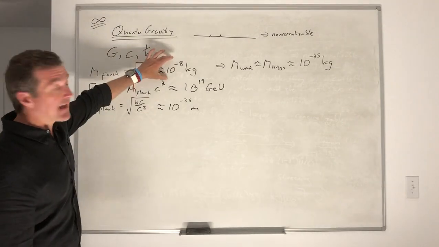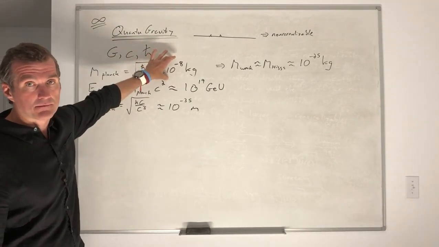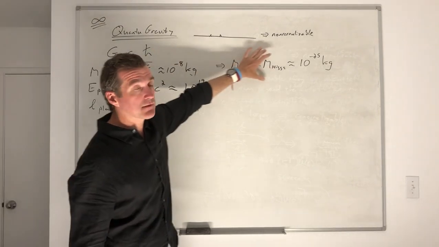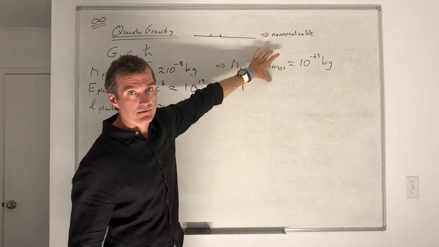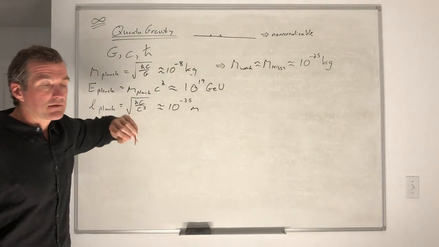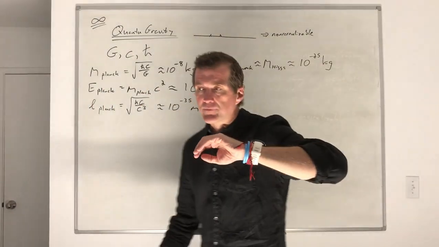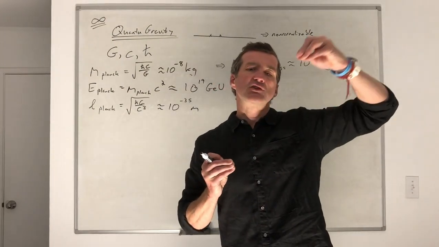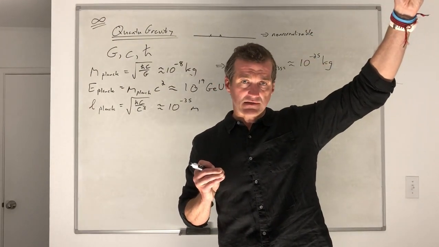So this is actually a very large number. Okay? Way, way, way bigger than this. Way bigger. So what I'm saying is that this description of quantum gravity can actually be taken up to extremely high energies.